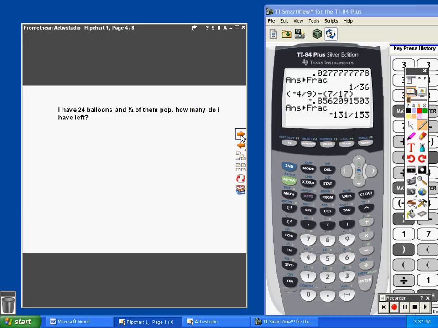Alright, next one. I have 24 balloons and 1/4 of them pop. How many do I have left? So whenever you see the word of them, of means multiply. So you're going to find out 24 times 1/4. And if 1/4 of them pop, how many do I have left? Well, you can do this one of two ways.